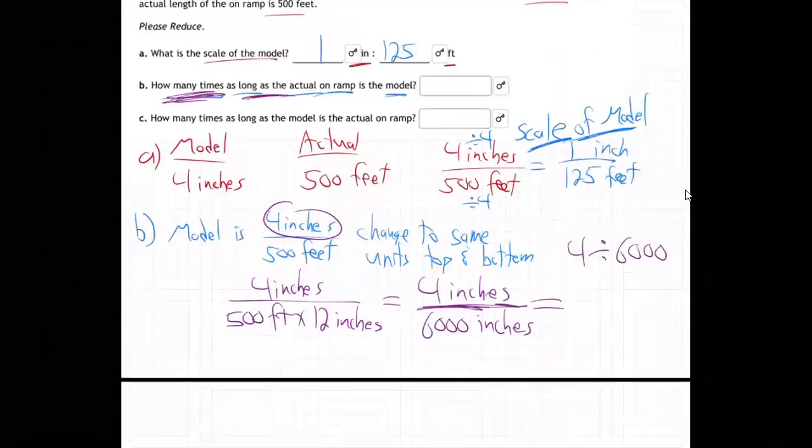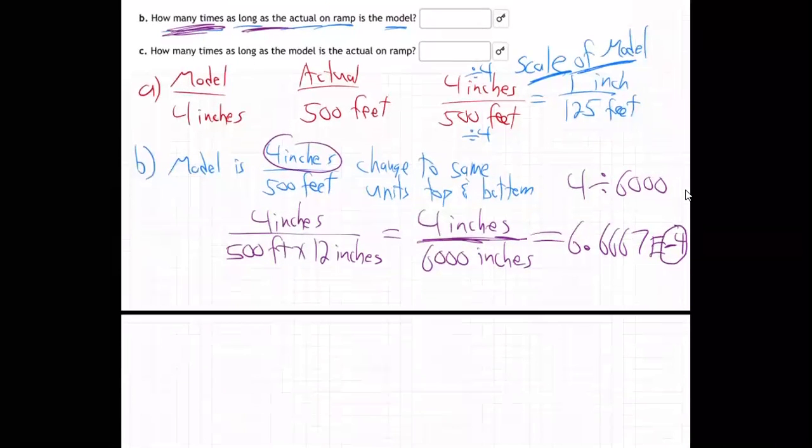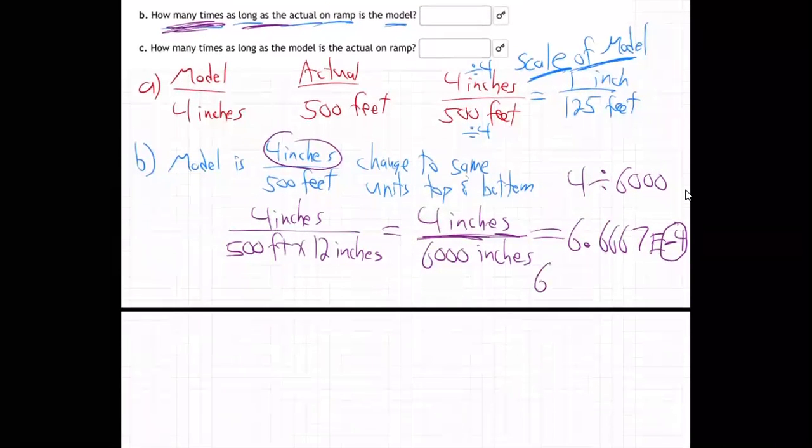When I do that on my calculator, I get something kind of funny. I don't know if you guys are getting it on your calculator. I get 6.666, and so on, 7 eventually. And then this E, I get an E minus 4. You might get something like that. Do you know what that E minus 4 means when you get that in your calculator? It means the decimal needs to go 4 places backwards. In other words, let me write it over here. 6.6667.